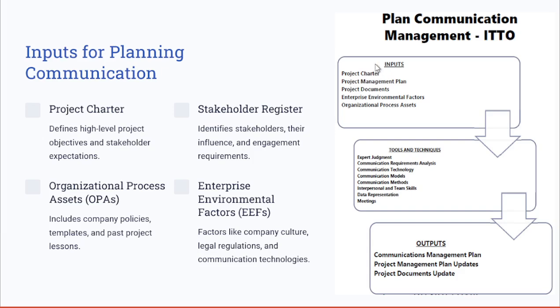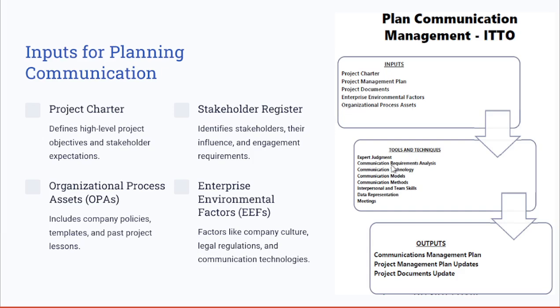To start with the key inputs, tools and techniques, and outputs for planning communication management: the key inputs include the project charter, the stakeholder register, which was identified in the initiation phase, the project management plan, including the communication management plan, the project documents, the EEFs, and the OPAs.